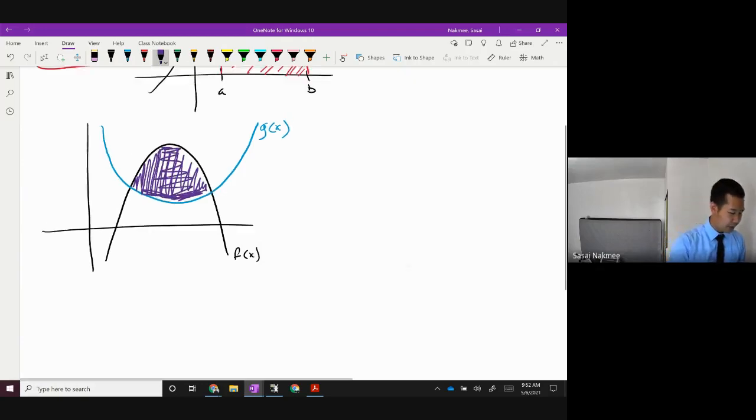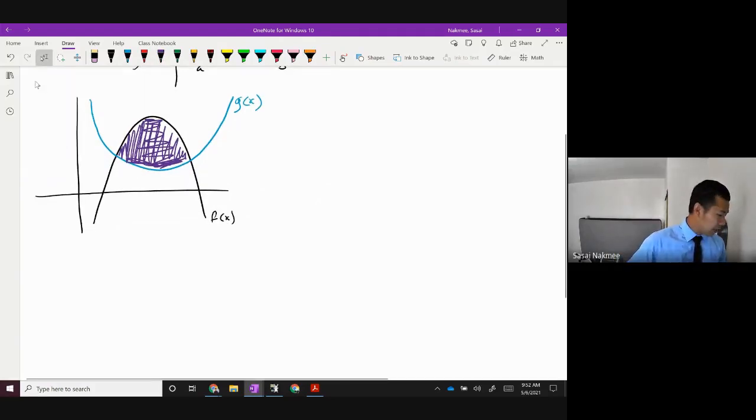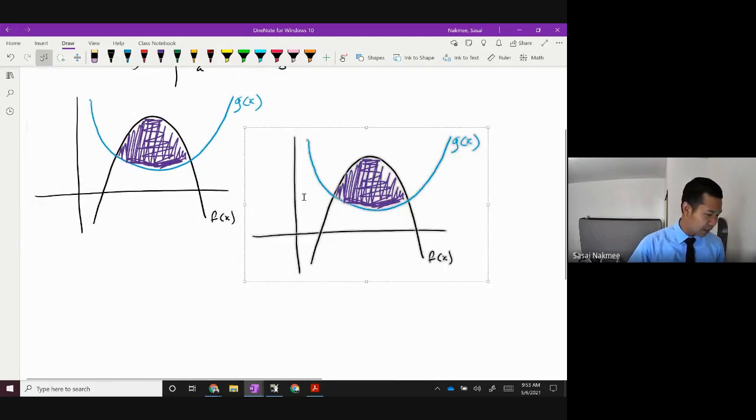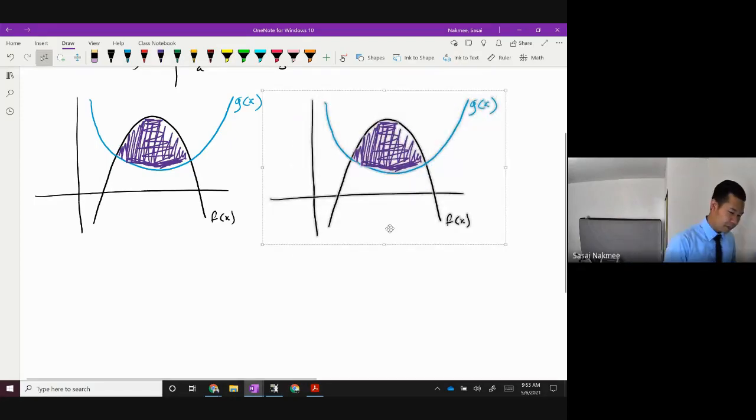Now, how do I do this? If you slowly think about it intuitively, some of you might actually come up with the right idea. You ready?